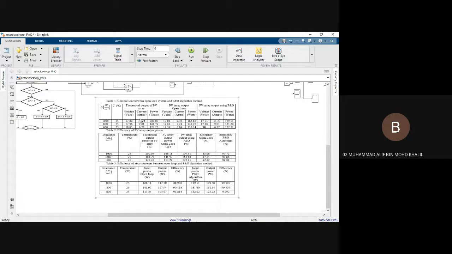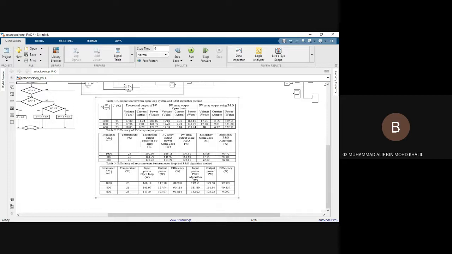The theoretical output of the PV array, or the specification of the PV array, should be 200 watt at 1000 irradiance. The open loop just produces 166.18, and if we use the PNO algorithm, it reaches 199.51. All these values are the average value for each system.